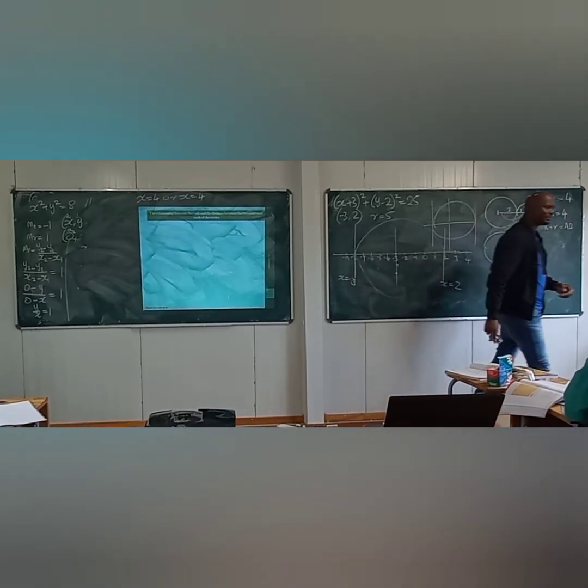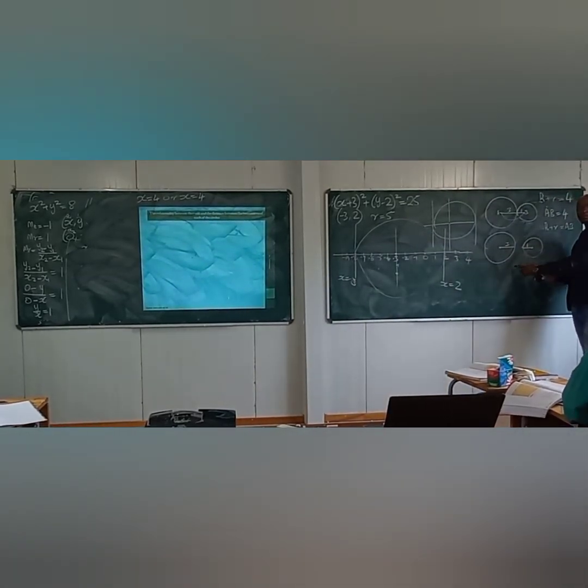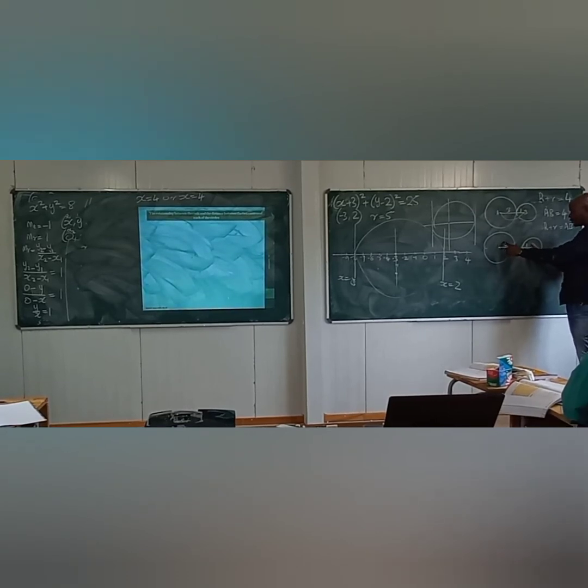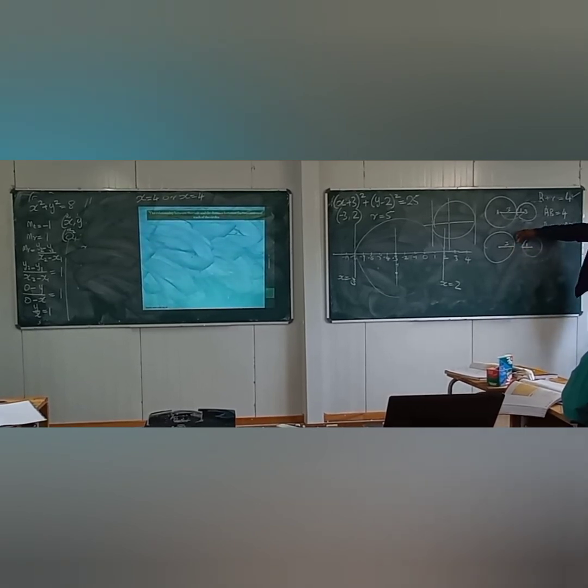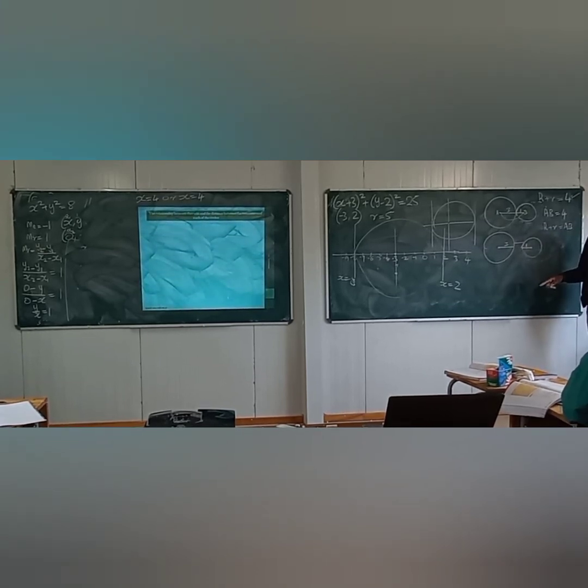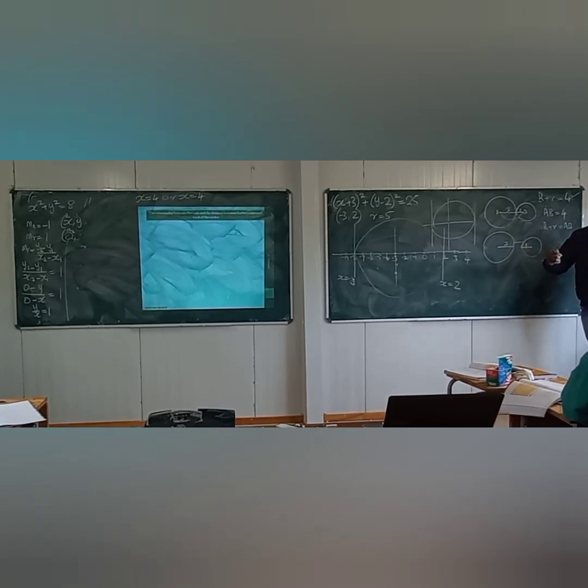Now, the distance between the two centers versus the sum of the radii, radius plus radius. Check the distance between the centers. Can you see it is more than the sum of the radii?